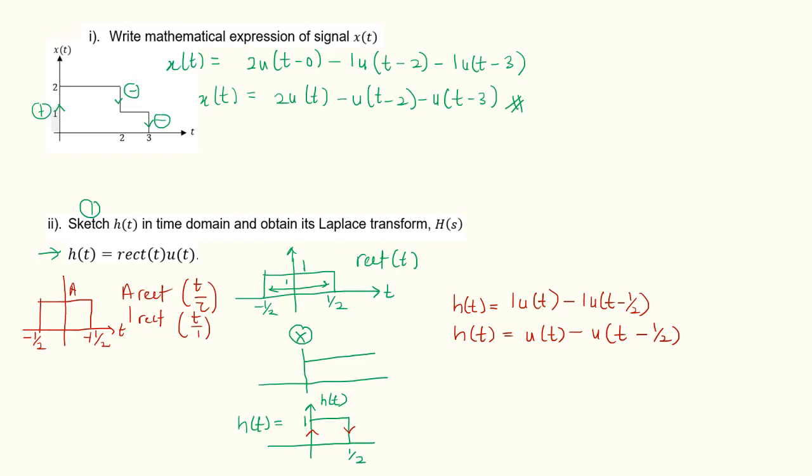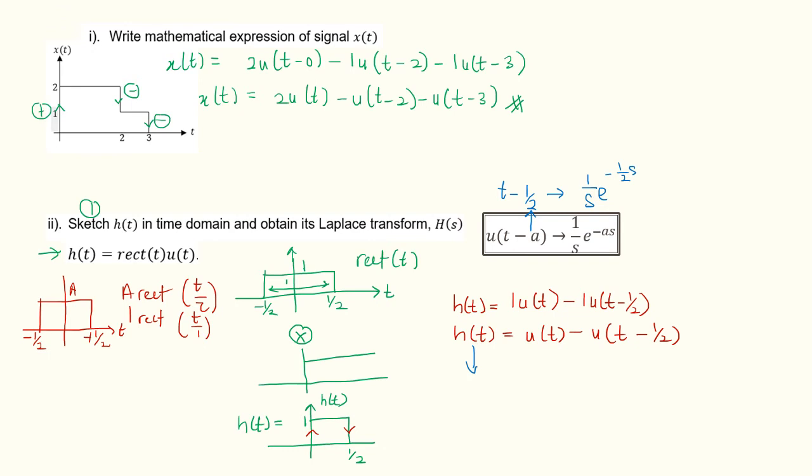Next, you need to get the Laplace transform of this equation, Hs. You need to refer to the table. You have time shifting here. As usual, when you have time shifting, it's t minus half, so your a is positive half. So it is equal to 1 over s e to the negative a s, where a is positive half, so 1 over 2 s.